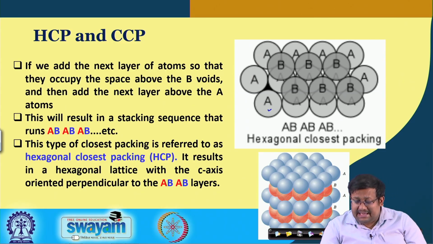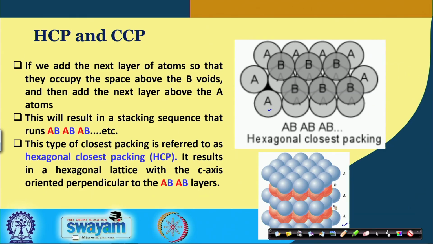This will give you a more clear picture. So, we are having a layer of A atoms and then a layer of B atoms and then again a layer of A atoms and B atoms. So, alternatively they are repeating each other, and these B atom layers are basically placed above the B voids. It is not directly placed above the A atoms.